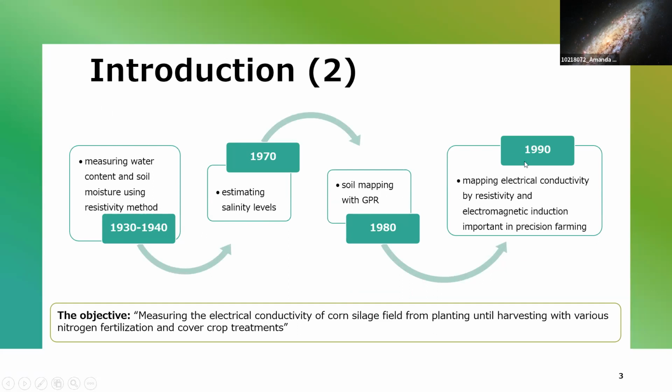And in the 1990s, mapping electrical conductivity by resistivity and electromagnetic induction became increasingly important to precision farming. Moreover, electrical conductivity measurements have been carried out to describe the soil condition and to map the relationship between soil microbial biomass and organic matter fraction.